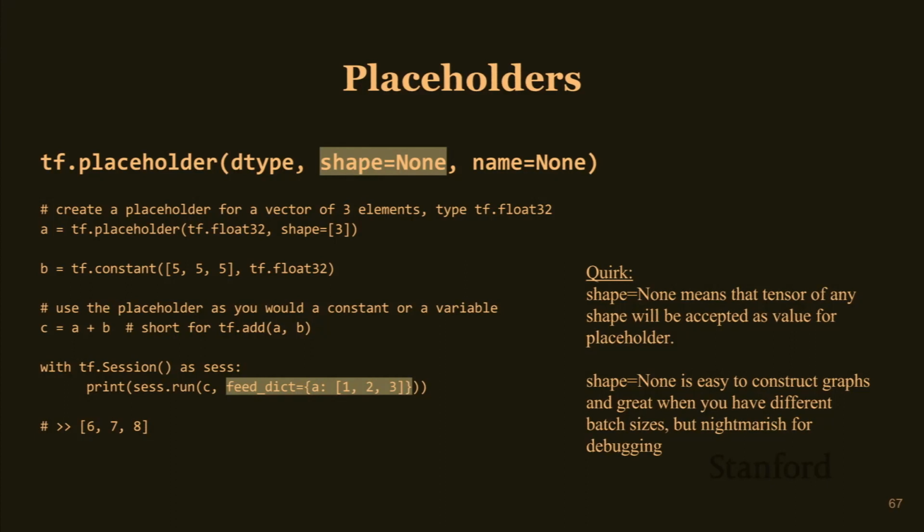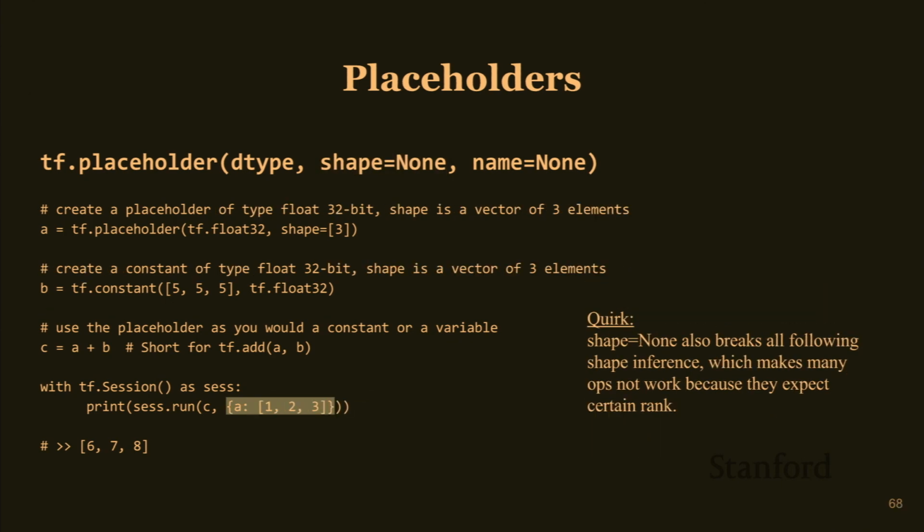But it can also be very tricky when you try to debug, because it takes in everything and doesn't tell you that you're not supposed to feed in data of this dimension. Another problem with shape equal None is that the tensor doesn't have any rank anymore.